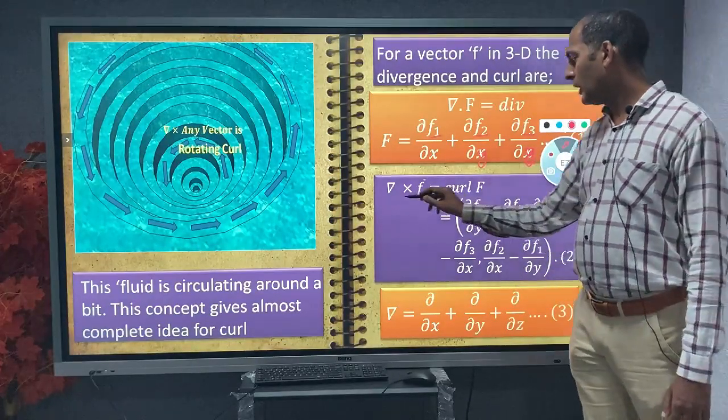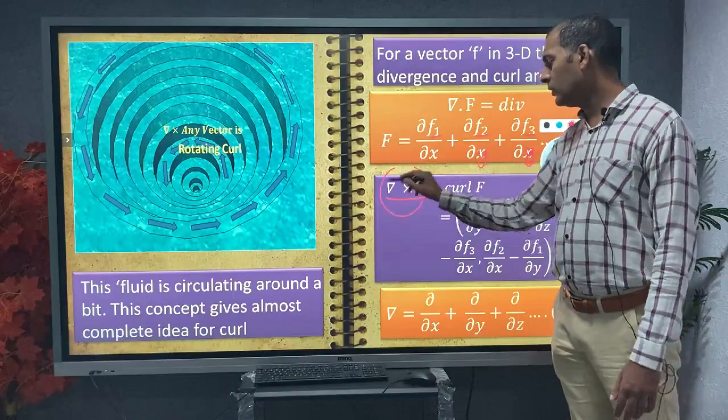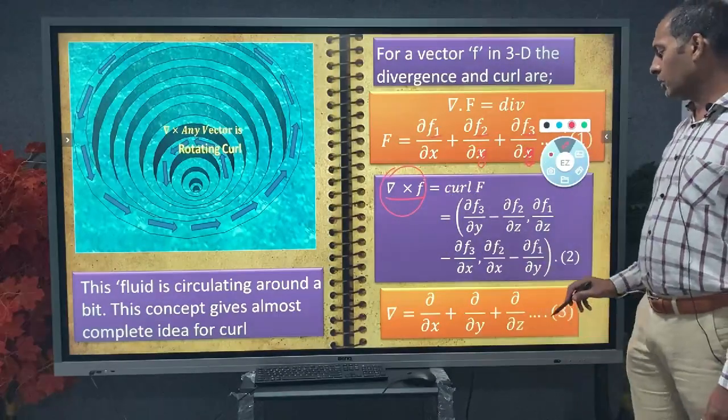Similarly, for del cross F, the cross product, we use the matrix form to solve it.